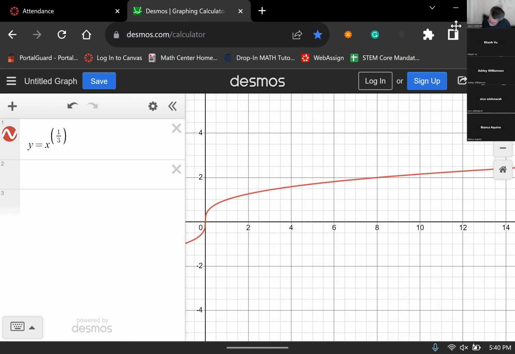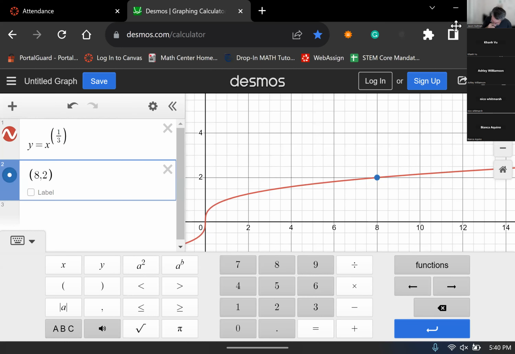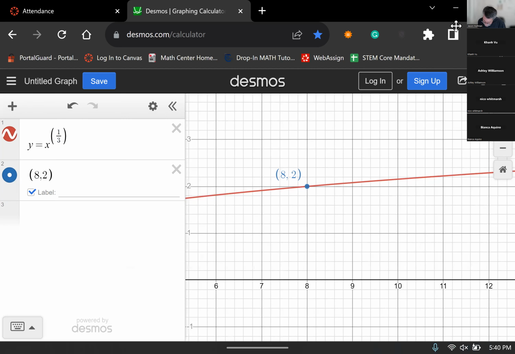Okay, we were centered at 8. Okay, so maybe I'll put in that point 2, 8. 2, or sorry, 8, 2. 8, 2. Boom. Okay, so there's that point. 8, 2. I can label it if I want. Okay, well, that's our center. We're centered around that. And so we want to know, well, how good of an approximation is this? But we only care about how good of an approximation the polynomial is that we attained within certain region.